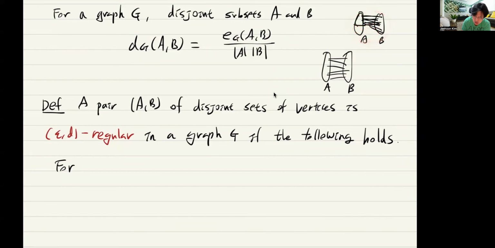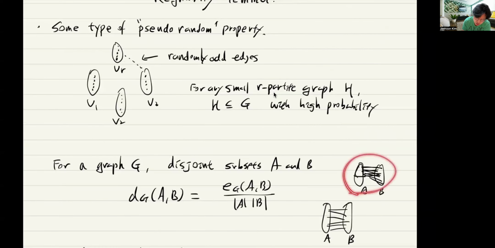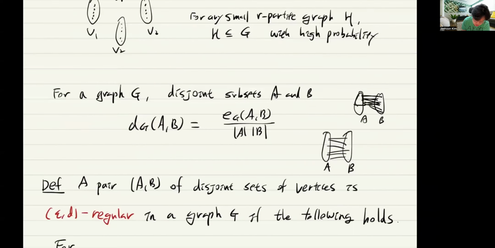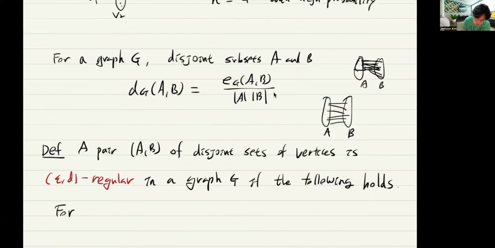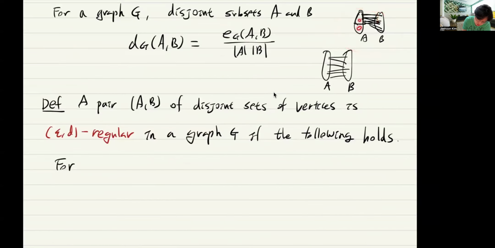This is a situation that will not happen in this random graph model. In this random graph model, these vertices are symmetric in a sense, so this and this essentially play the same role. There is no real point to distinguish them. But in this case, this vertex and this vertex have a huge difference. So we want to forbid that.